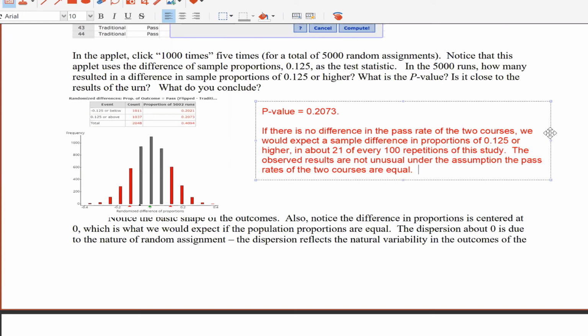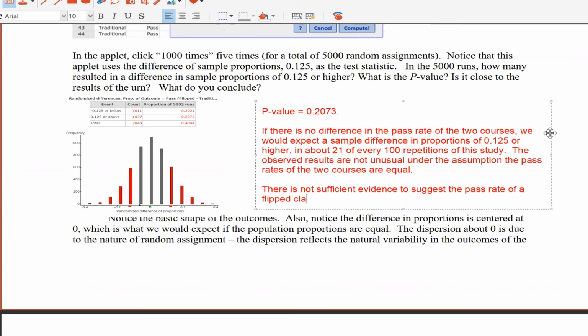We did not observe unusual results, and therefore there is not sufficient evidence to suggest the pass rate of a flipped class is greater than the pass rate of a traditional class.